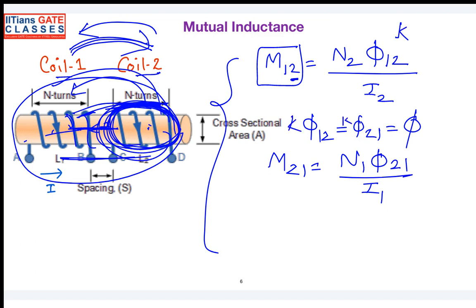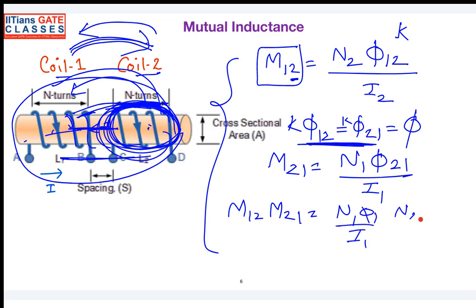In that question, I was saying if you multiply these mutual inductances, you can get something like this. If both are identical, flux from 1 to 2 will be the same as 2 to 1. If you assume that, then you can separate M12 into M21 like this. You just multiply these two and rearrange the equations.